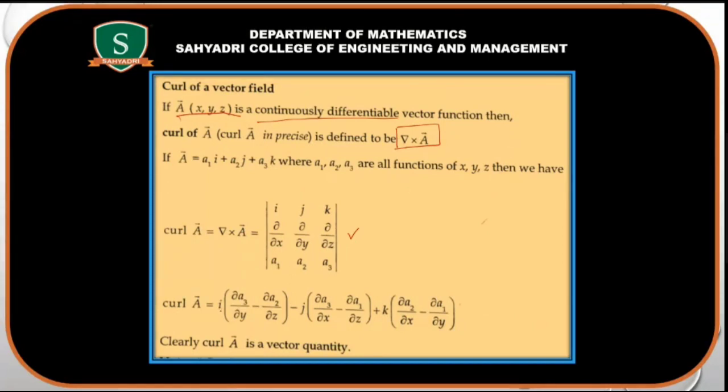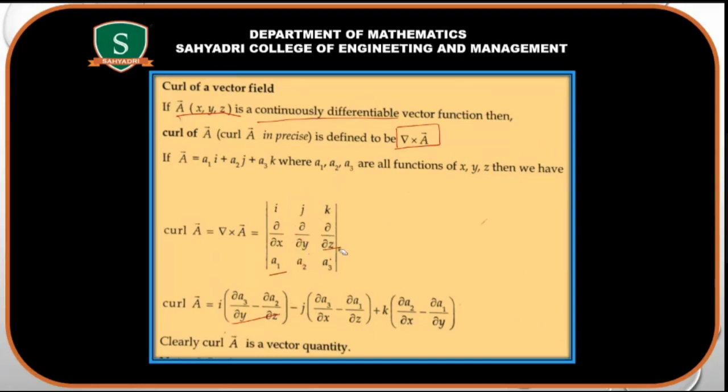Curl of A is equal to i into, I will be keeping i aside, so I will be doing the cross product like this. Similarly, minus j into, like you do a determinant, the same way you have to apply the operator. So i into ∂a3/∂y minus ∂a2/∂z. Similarly, keep j separate. Now apply the operator between i and k, that means ∂a3/∂x minus ∂a1/∂z.